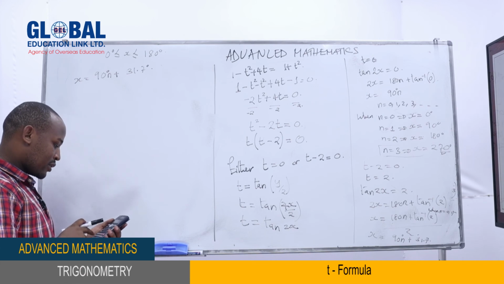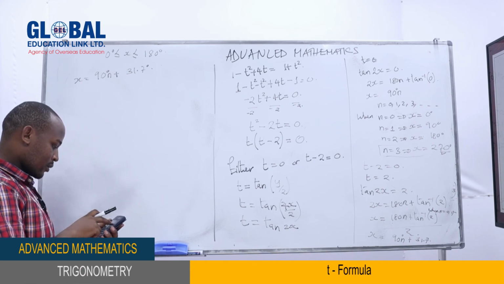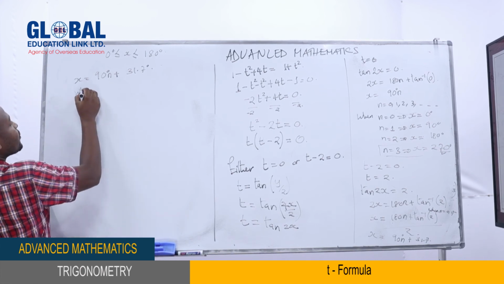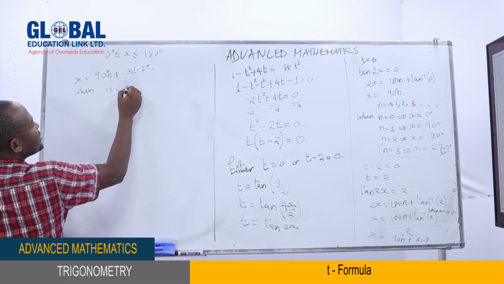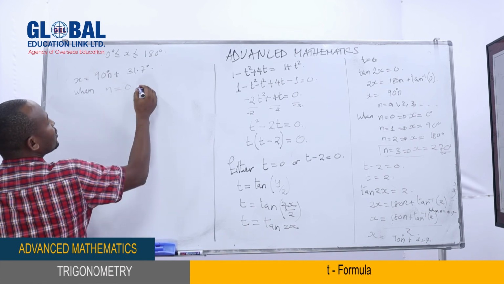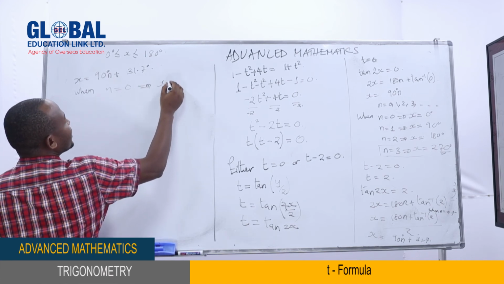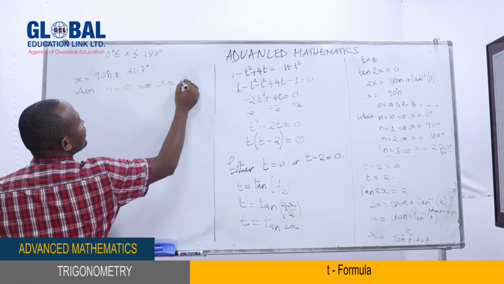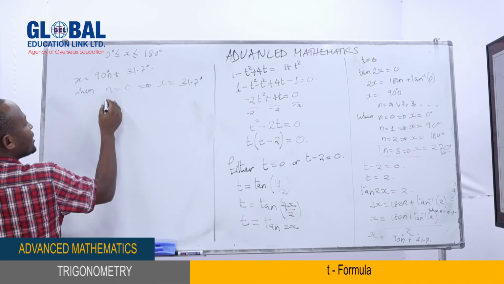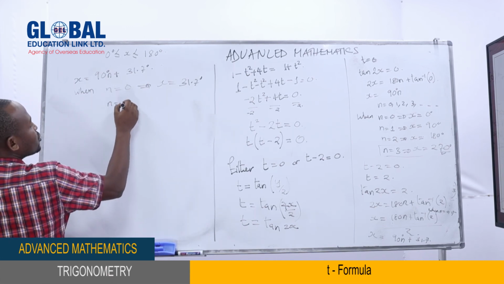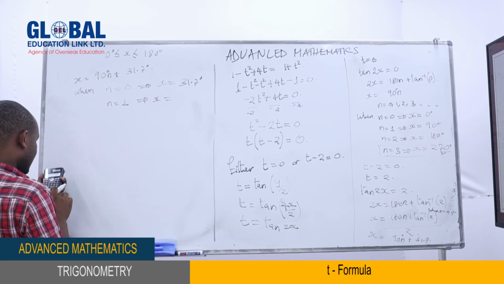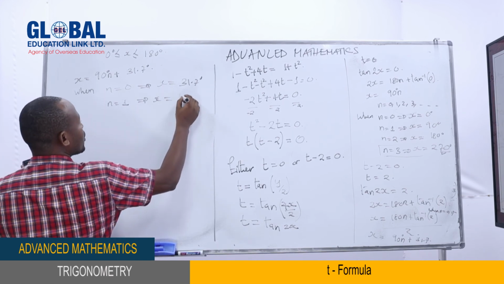I know you know how to use your calculators. And now when n is equal to 0, we know that x will be 31.7 and the decimals. And now when n is equal to 1, that is to say x equals what? Let's use our calculator and calculate with n as 1.